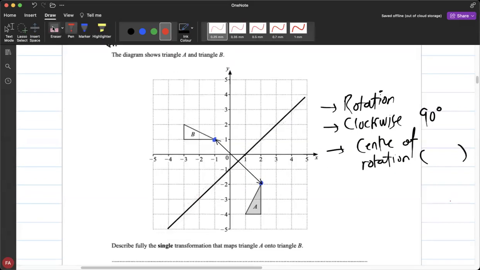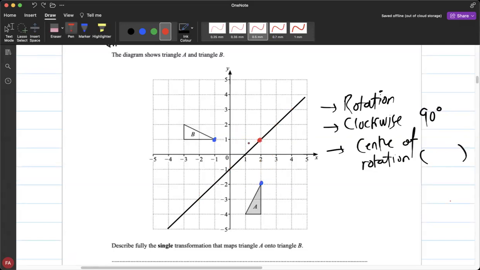Now, this is where the counting actually comes in. I can just start off from any point. If you check out this point over here, you can see that this is almost 3 boxes away, and this one is also 3 boxes away. And you can see this is the rotation of 90 degrees.